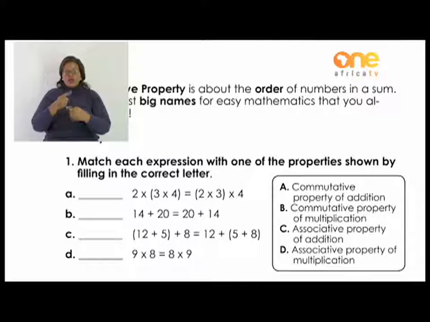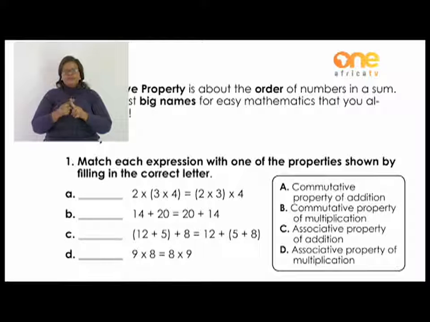B is also commutative, but it only has multiplication. And then C is associative property of addition, and then D is associative property of multiplication. Notice that all 4 are different.